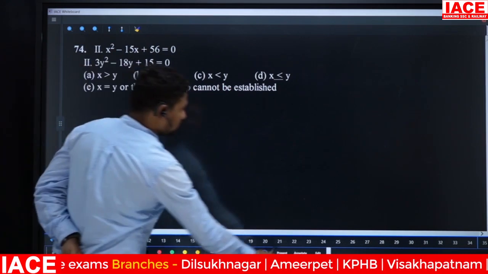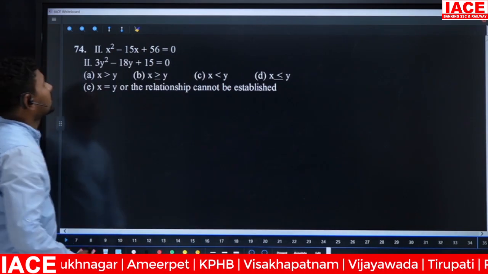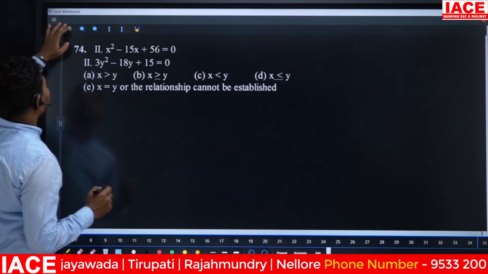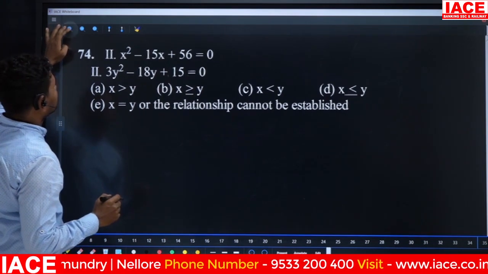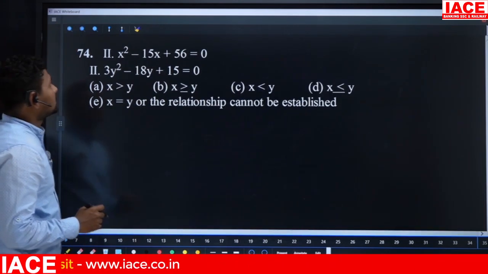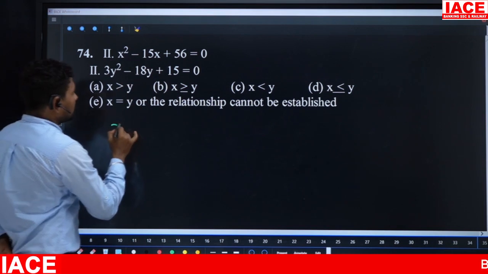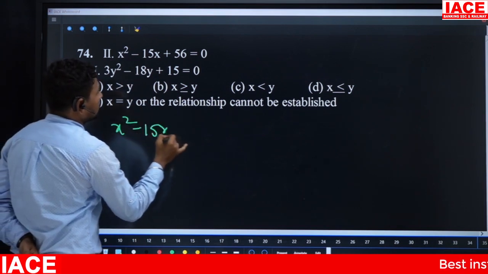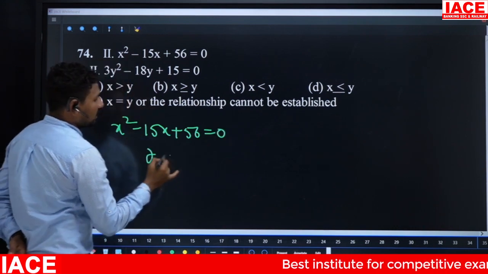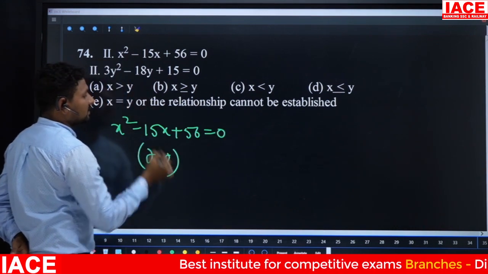Next. Here x square minus 15x plus 56 is equal to 0. So what factors will we get? 7 comma 8 factors: 7 eights are 56, 7 plus 8 is 15.